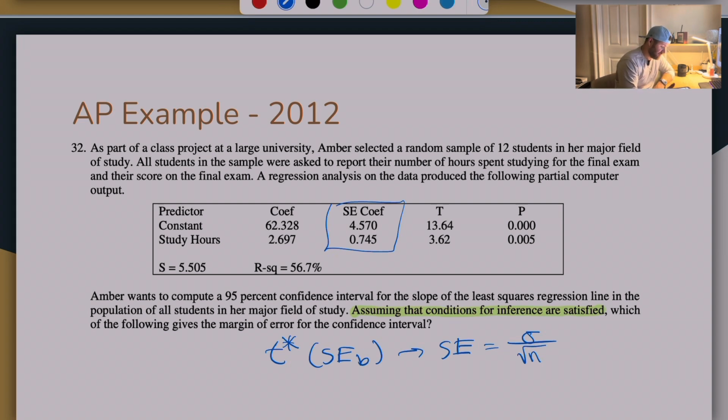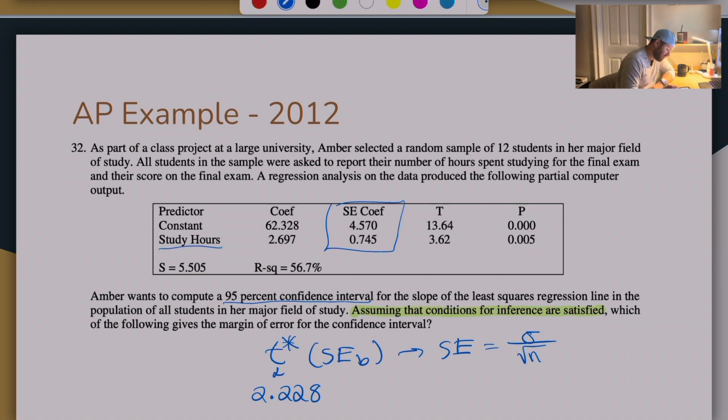For this particular one, with a 95% confidence interval, I know the t-critical from looking at the chart is 2.228. This is something you could look up yourself, whether you want to use inverse t or the t distribution table. Just make sure you're looking at 10 degrees of freedom in this case.